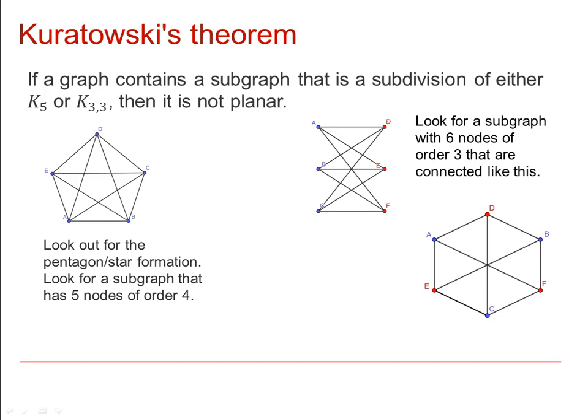We're either looking for a pentagon star formation, which would give us K5, where each of the 5 nodes is of order 4, or where we've got 6 nodes connected in this fashion, and perhaps looking for this pattern, which is the cyclic formation, where each of the nodes is order 3. Now these can be quite difficult to spot, so it does take a little bit of practice.